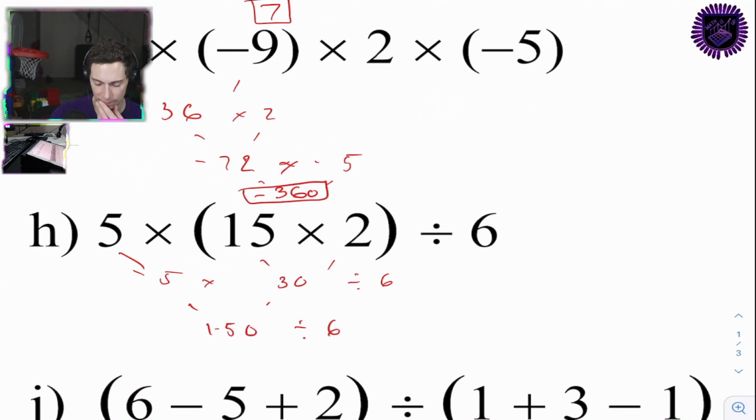What the? 6 doesn't go into 150. Dang it.